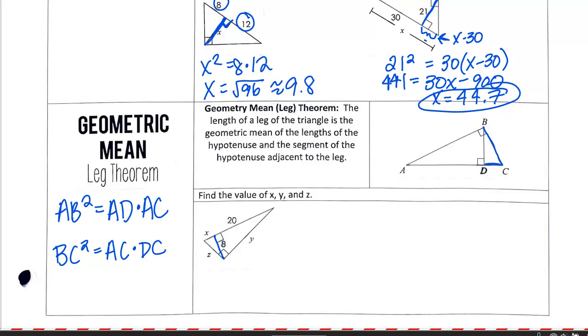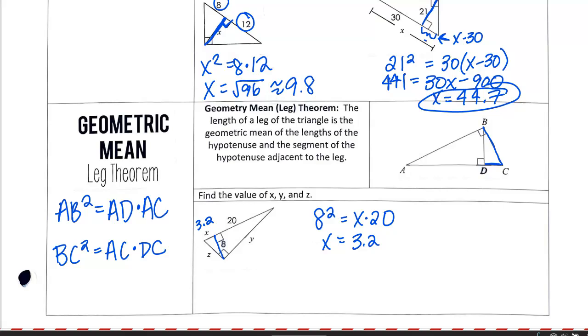And then we can find z and y using our leg theorem. Okay, so I know that 8 squared is equal to x times 20. And so that means that x is 64 divided by 20, and that gives me 3.2. So that means that whole hypotenuse is 23.2.